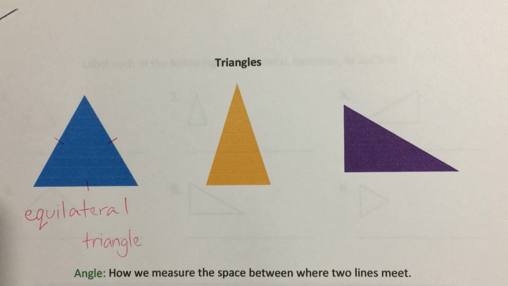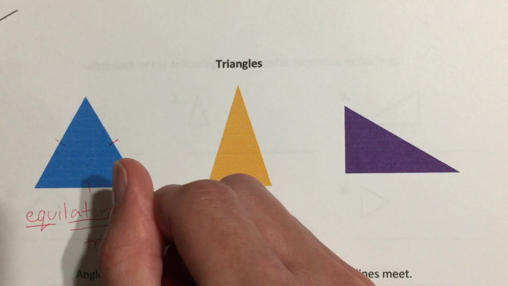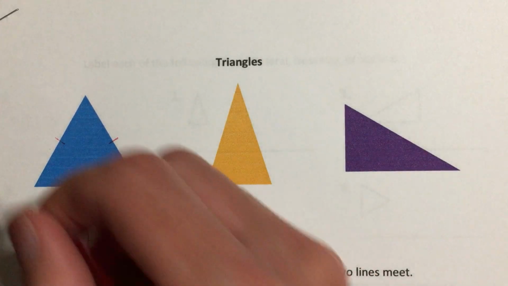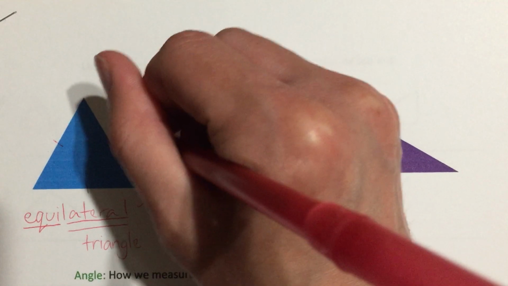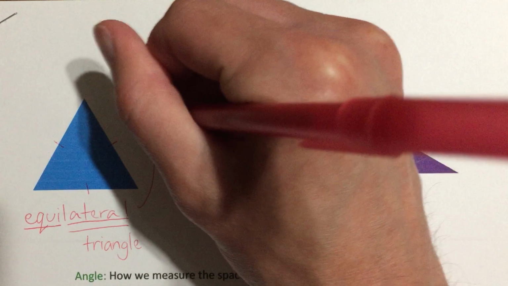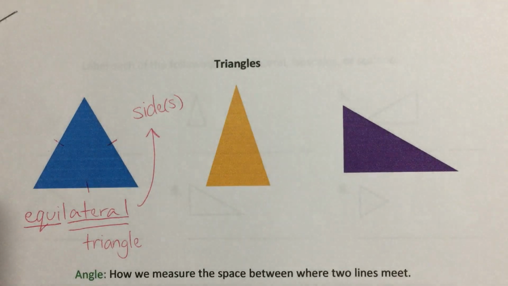Now, equilateral is a big word, but just like that word quadrilateral we talked about the other day, once you break down its parts, it's not too hard to understand. We've got two main parts here: the equa, and the lateral. We talked about lateral, meaning side or sides.